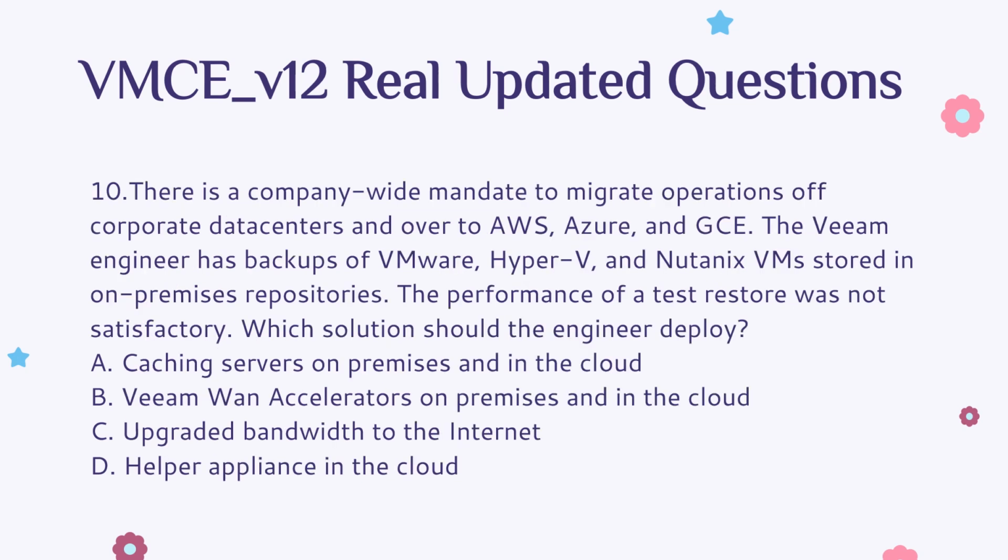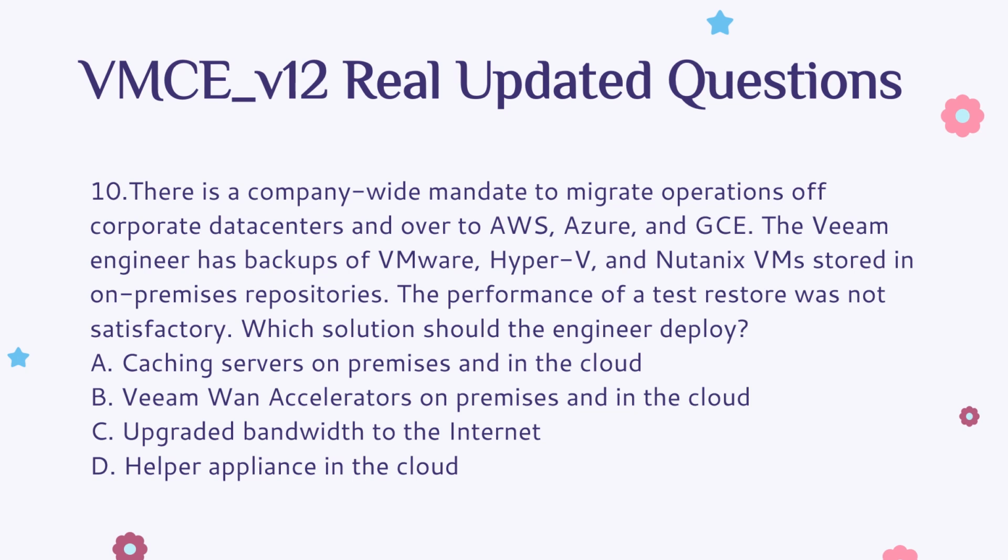10. There is a company-wide mandate to migrate operations off corporate data centers and over to AWS, Azure, and GCE. The Veeam engineer has backups of VMware, Hyper-V, and Nutanix VMs stored in on-premises repositories. The performance of a test restore was not satisfactory.